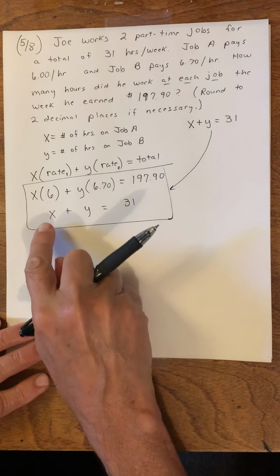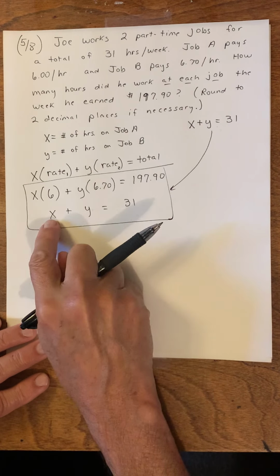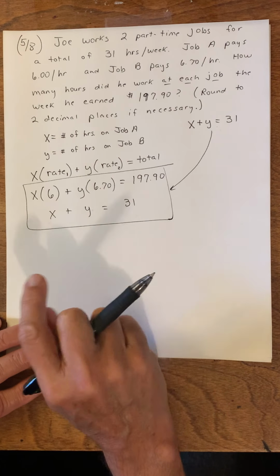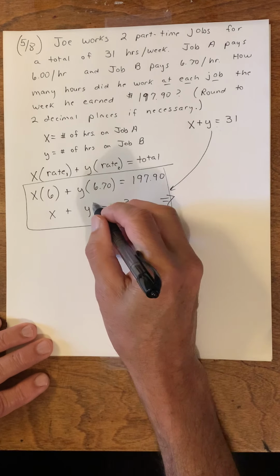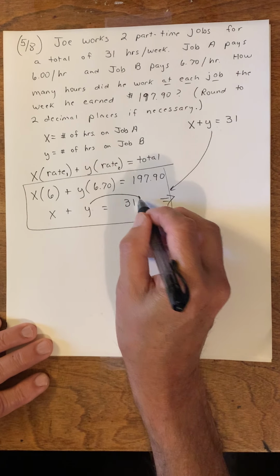And I think since this equation will be very easily solved for X or Y, I think I will use the substitution method. So I'm going to move the Y to the other side.